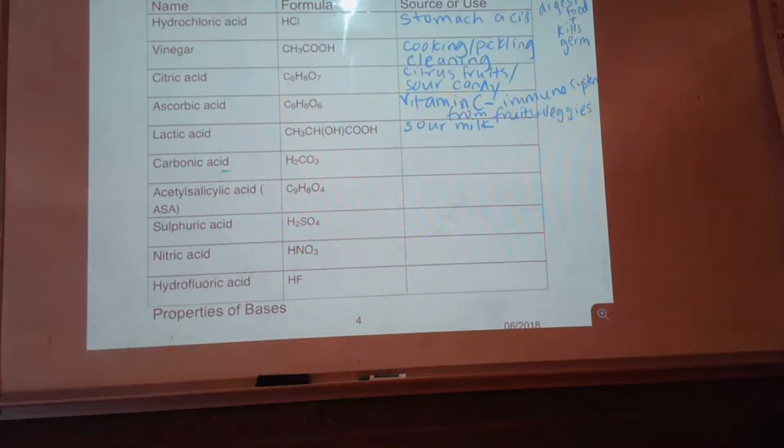But actually, lactic acids are also in our body. So if you've ever done like a really hard workout or like walked up these stairs and you get to the top and your legs are burning, right? That's the lactic acid in your muscles burning. So our bodies pretty much produce lactic acid when the muscles aren't getting enough oxygen.